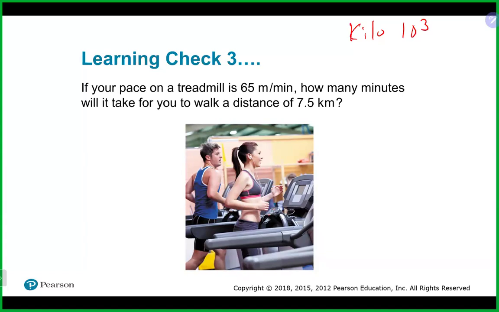Okay, so if we pull out the information, once again, we are given a conversion factor here. We are moving at 65 meters per minute, and we could use that as 65 meters over a minute, or we could flip it around and use a minute is 65 meters. We're going a total distance of 7.5 kilometers, and we want to know how many minutes.